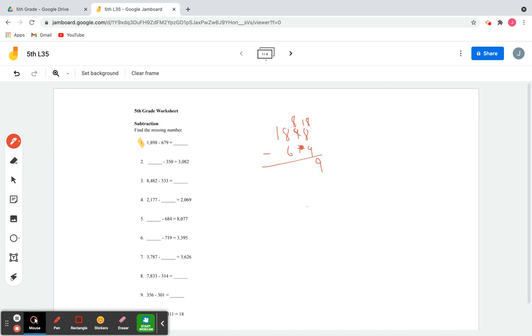And then 8 minus 7, we have 1. And 8 minus 6 is 2. And then there's nothing here, so 1 just comes down. So 1898 minus 679 is equal to 1219. Okay.